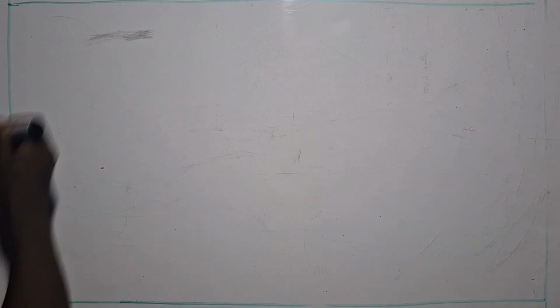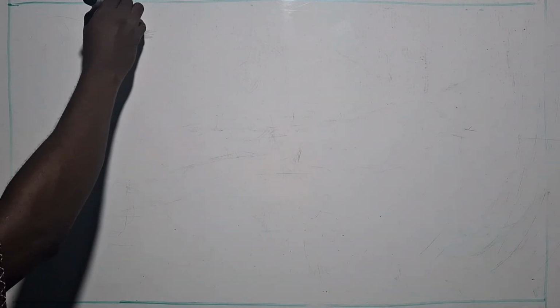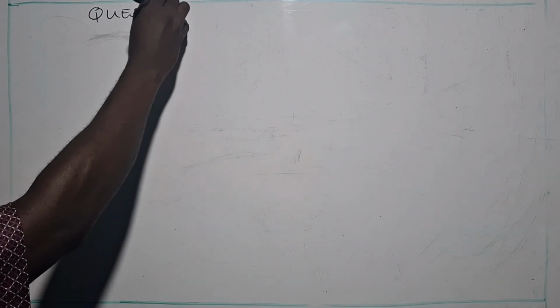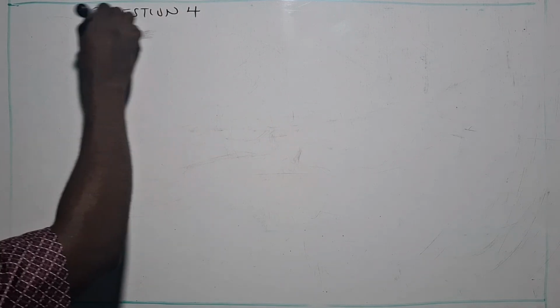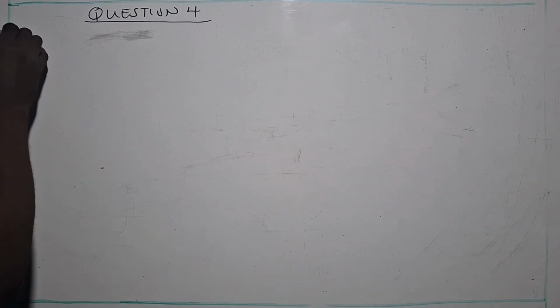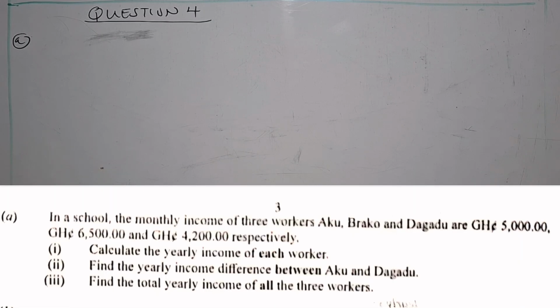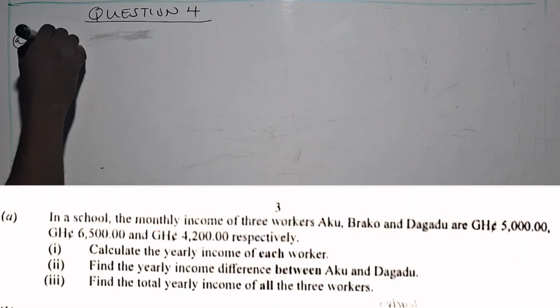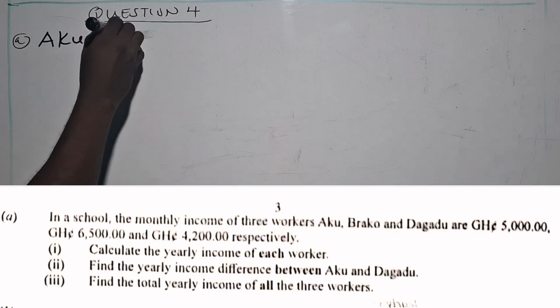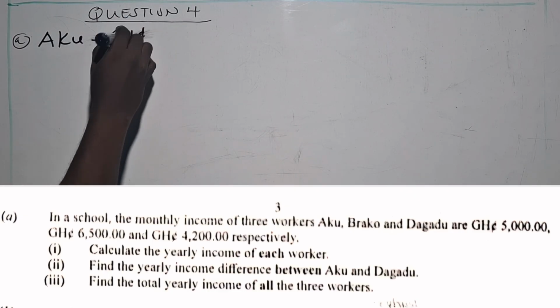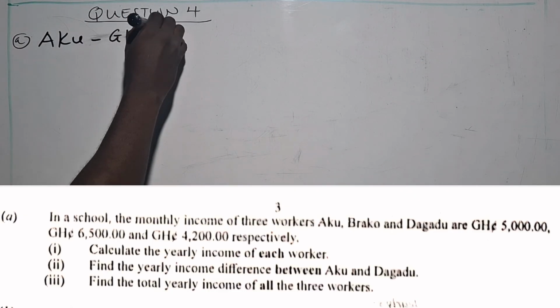So we have question 4A, as is on the screen. We know that Aku's salary was 5,000.